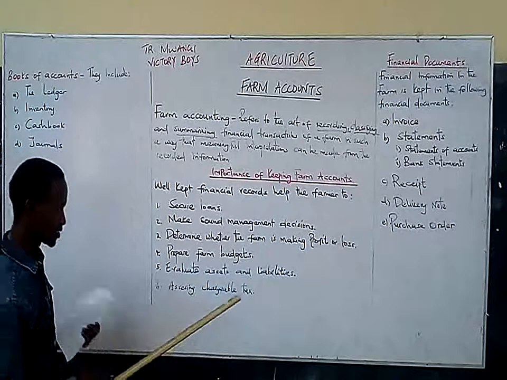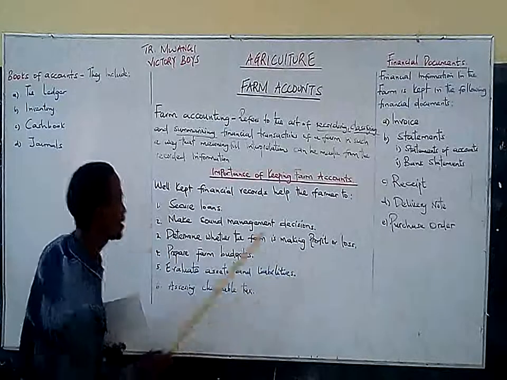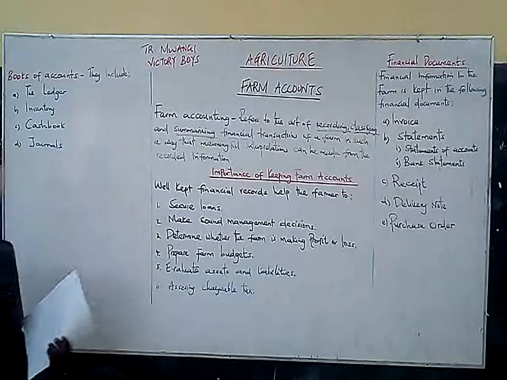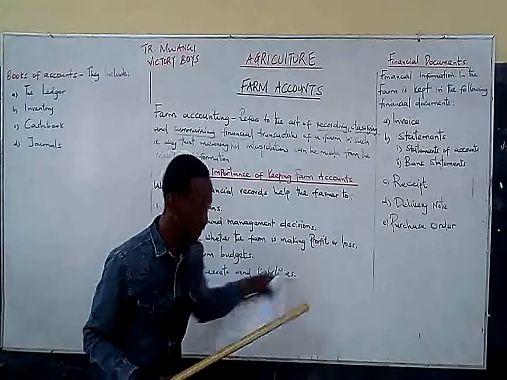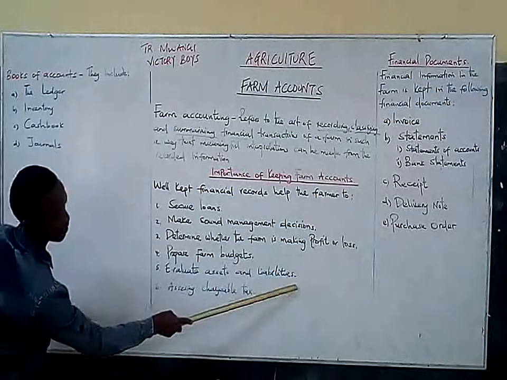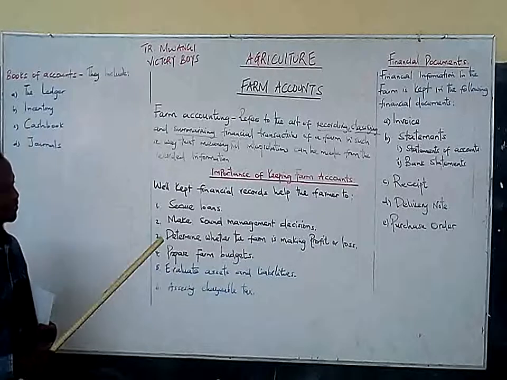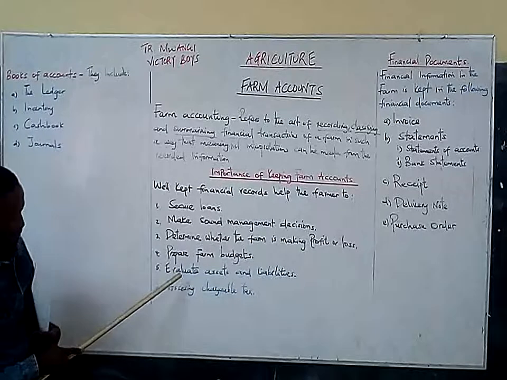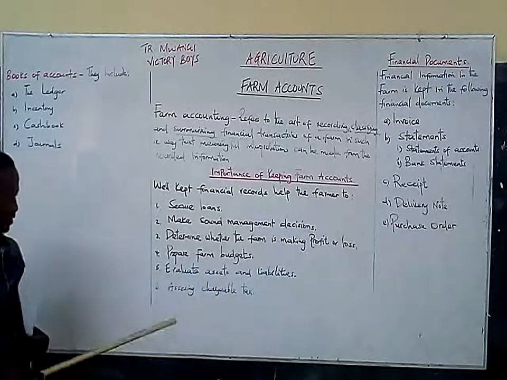Liabilities are things like bank loans or any other money that is supposed to be paid to outside the farm. So from a well-kept farm account, the farmer will be able to evaluate his assets and liabilities.